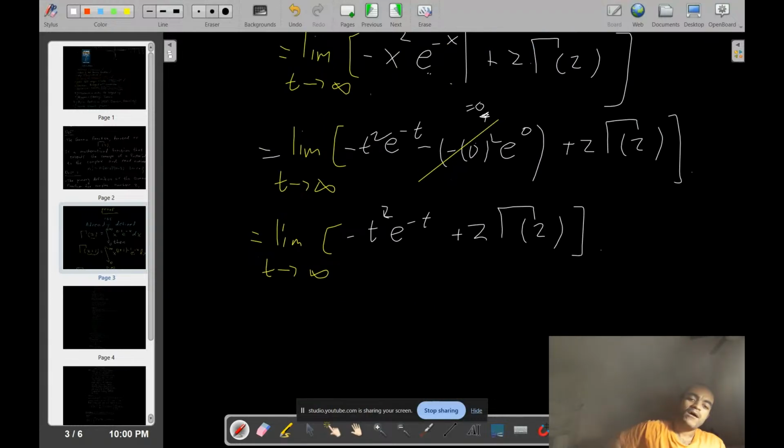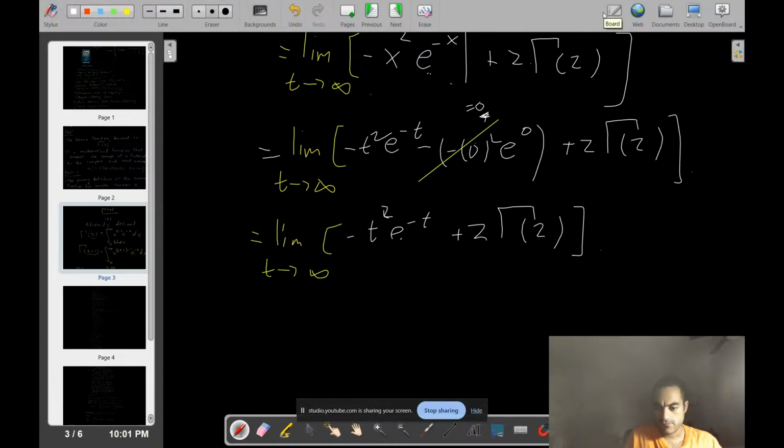However, we're taking t approaching infinity. That's not going to affect the z gamma of z. z gamma of z is independent of t. Nothing's happening to it with a limit. However, something's happening with this t squared e to the negative t. If t approaches infinity, what is t squared e to the negative t approaching?